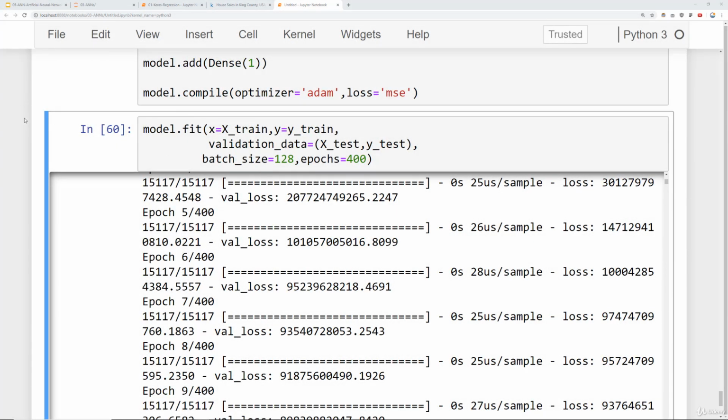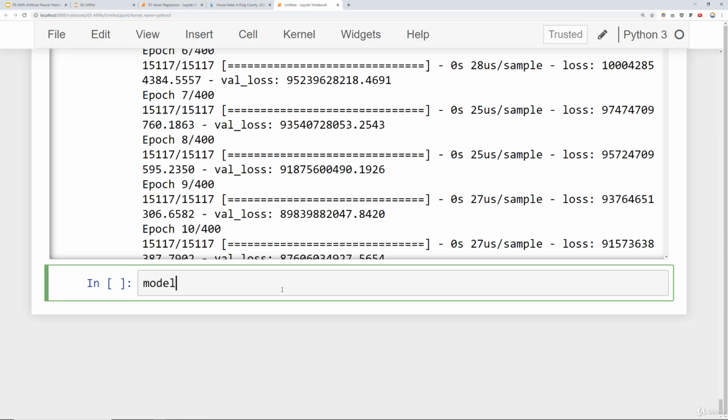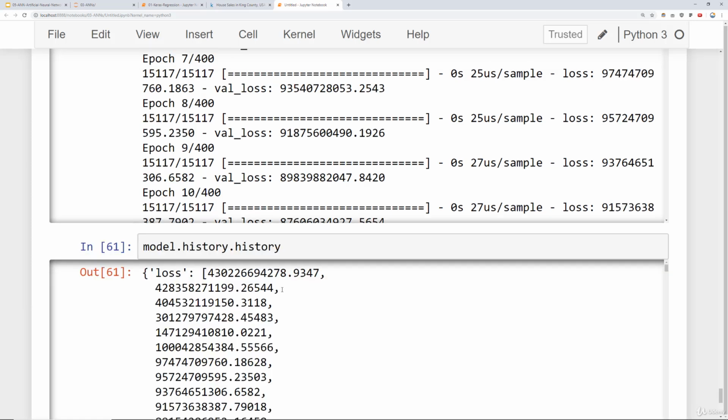Okay, here we are in the notebook where we left off last time. We just finished training for those 400 epochs. What I'm going to do now is explore what my model history looks like. Recall, we can get a history of those losses by saying model.history.history, and it returns back this dictionary.